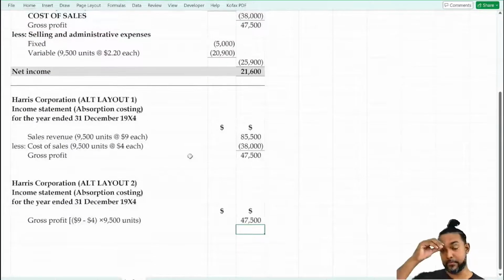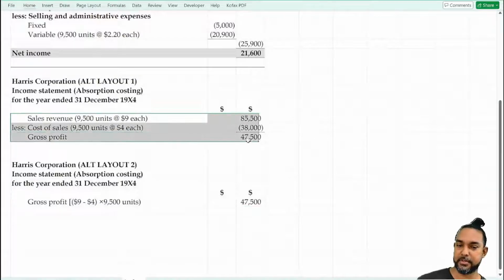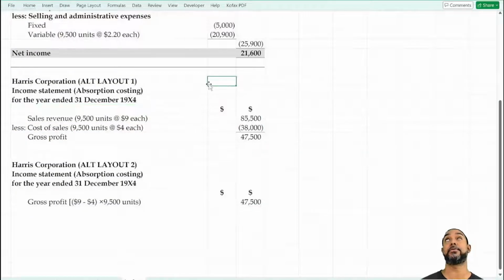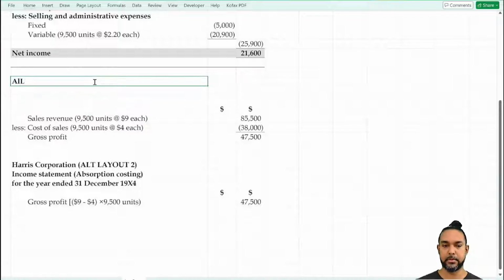So, I mean, the selling and admin stuff do go along with it, right? I really should show them, but again, this is just to compress the cost of goods sold section. Okay, let me actually reread this. So alternative layout 1, compress cost of sales to one line.